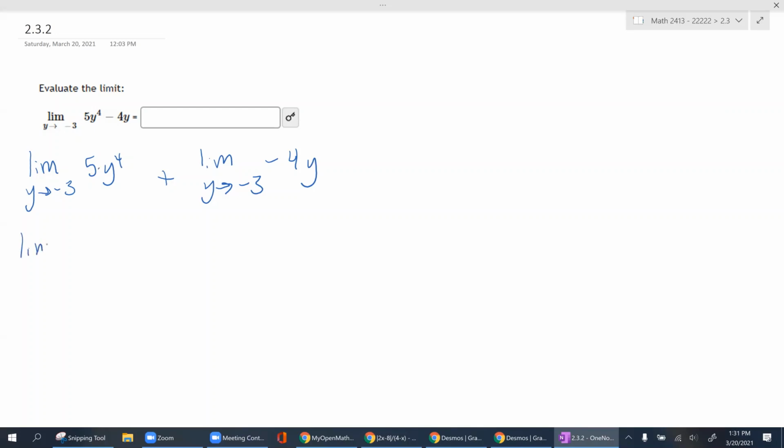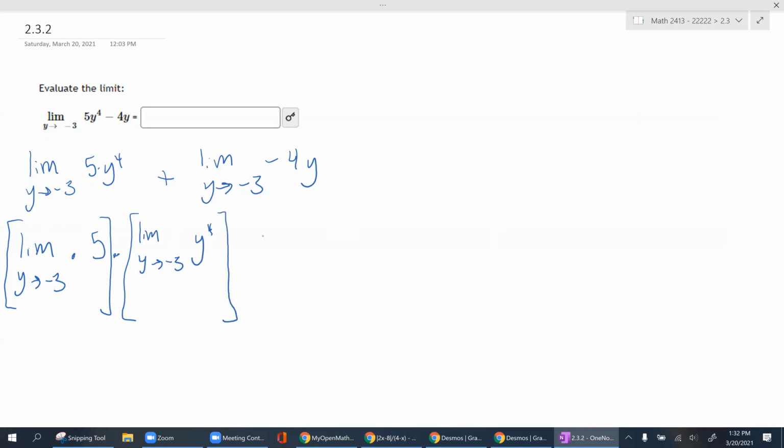This is the limit as y approaches -3 of 5, times the limit as y approaches -3 of y to the 4th, plus the same thing on the right-hand side: the limit as y approaches -3 of -4, times, again a product property, the limit as y approaches -3 of y.